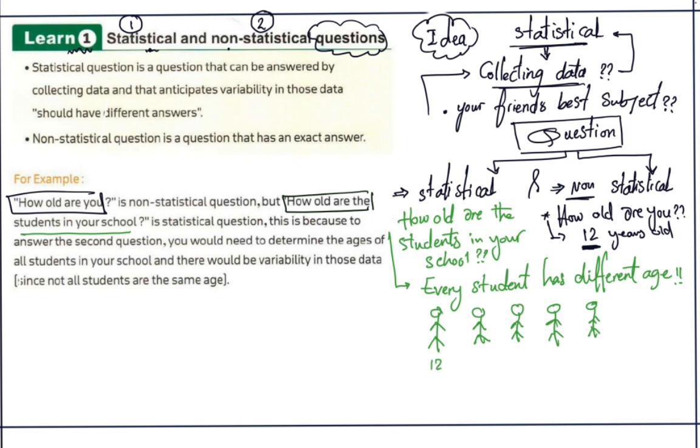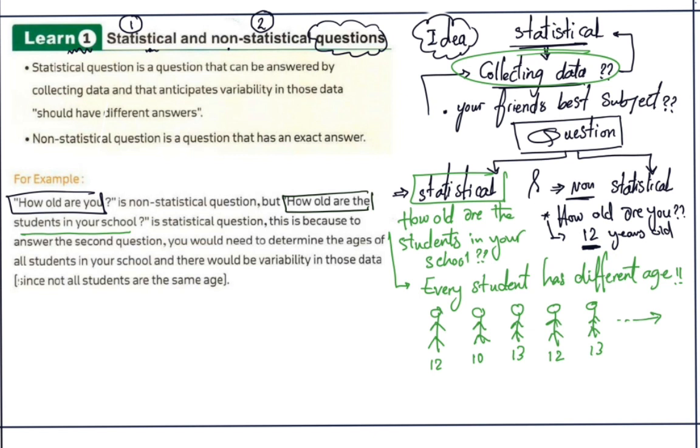12. And you, 10. And you, 13. And you, 12. And you, 13. And so on. Now, what you are doing here is a statistical operation. You are collecting data from your students or from your friends.